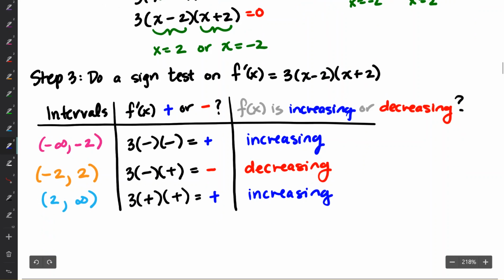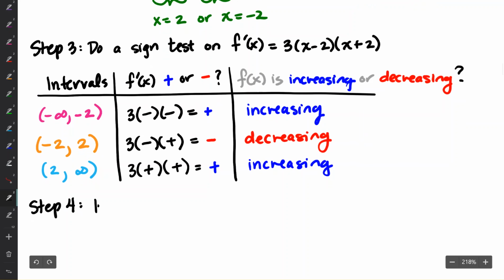And now, we've basically done the increasing, decreasing test. Now we just need to interpret these results. That's the only new thing for the first derivative test. Right?